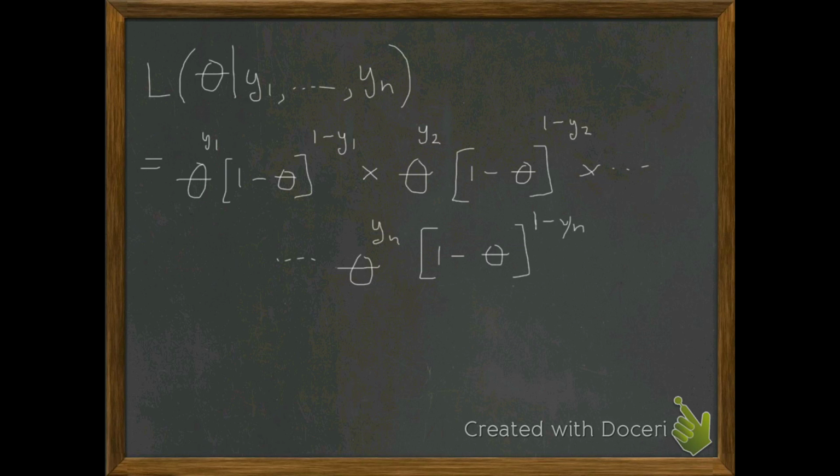All right. Now, guys, we'll clean this up a little bit, and you can see that by multiplying all these, if we look at our thetas, when we multiply with a common base, we add our exponents, so we can look at theta to the sum from i equal 1 to n of y sub i's times 1 minus theta, to the exponent sum from i equal 1 to n of 1 minus y sub i's.